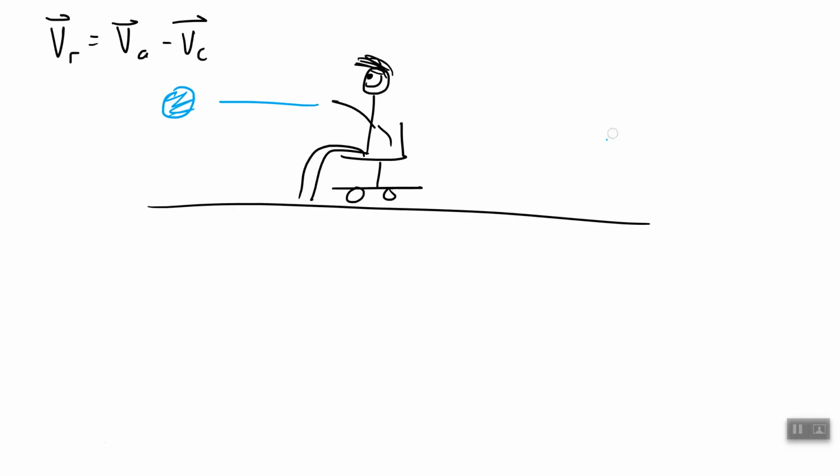Okay, so I am going to draw a control volume around myself. So now my control volume is still moving at 5 meters per second this direction, in the x direction, right?